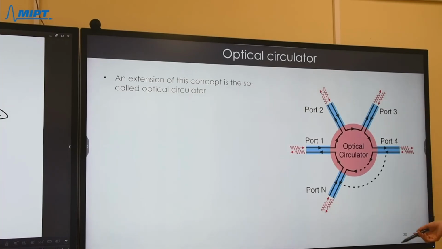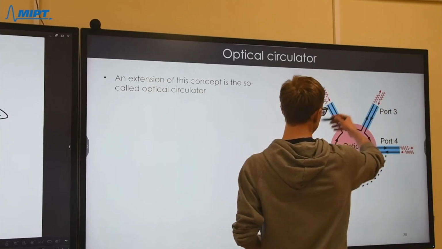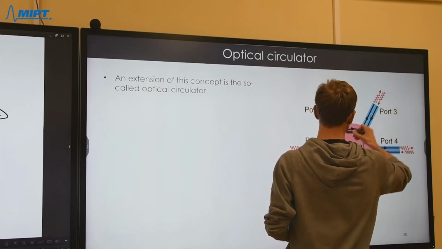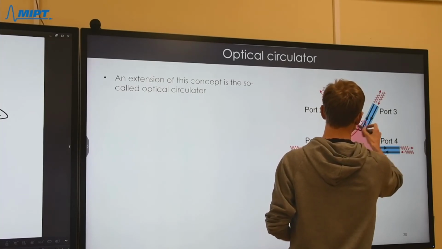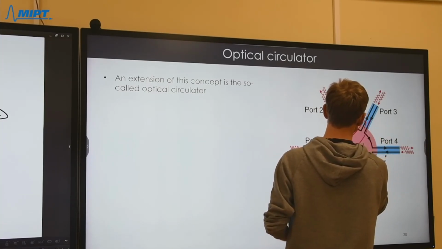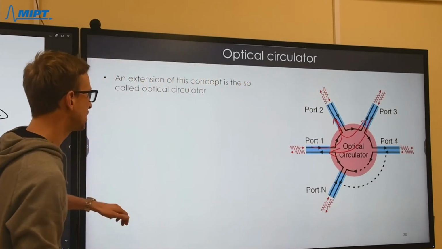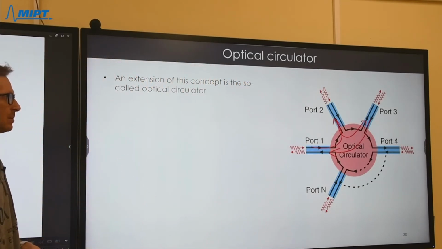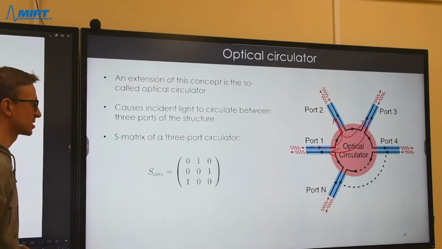In the simplest case, it can be a 3-port circulator, when there are only 3 ports, 1 to 3, and the energy cycles like this: 1 to 2, 2 to 3, 3 sent to 1, and then the cycle repeats. And if we consider the simple example of a 3-port circulator, the S matrix takes the following form.